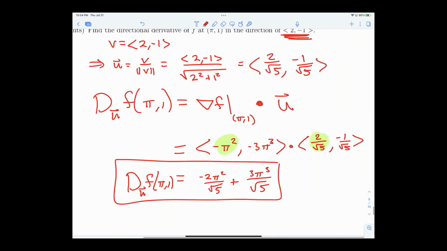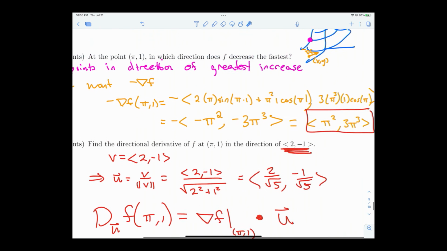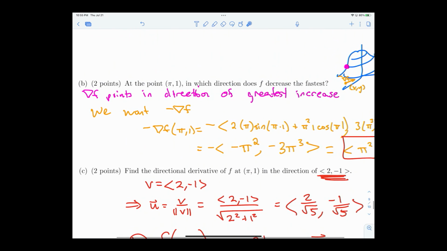Just to say it again, the reason these have negatives on here was because the gradient was the direction of fastest increase. In the previous part, I asked for greatest decrease, which was the negative gradient. And I kept that negative on the outside until this point.